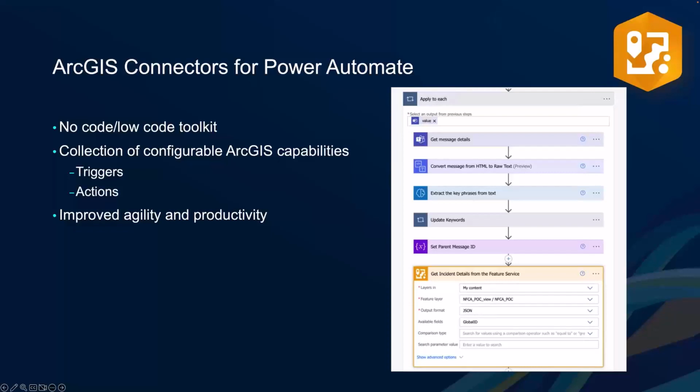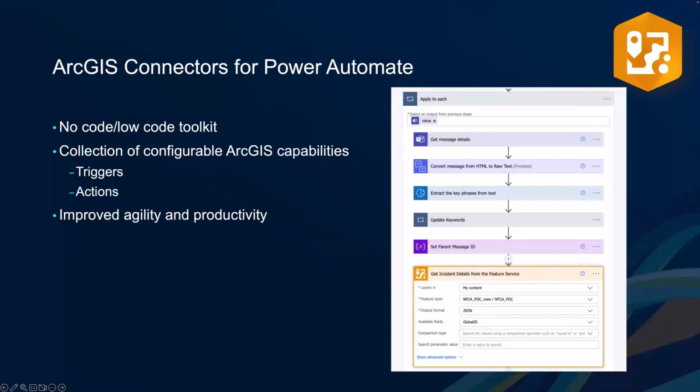And the improved agility and productivity. You don't have to be able to write code in order to get started using these applications. You can drag and drop and configure these tools, putting them together to build out your workflow.